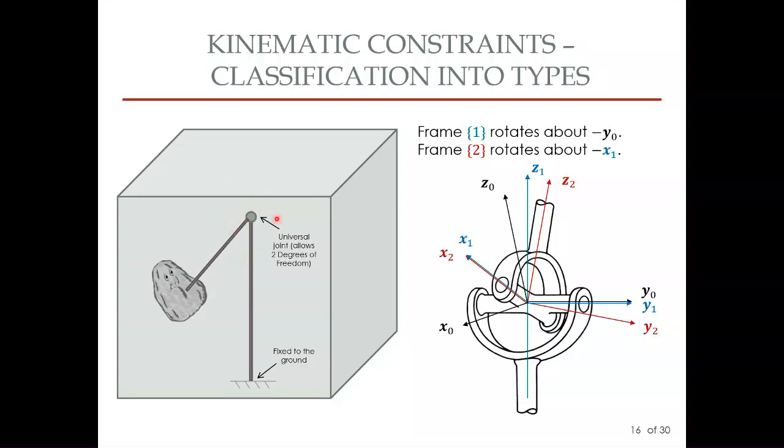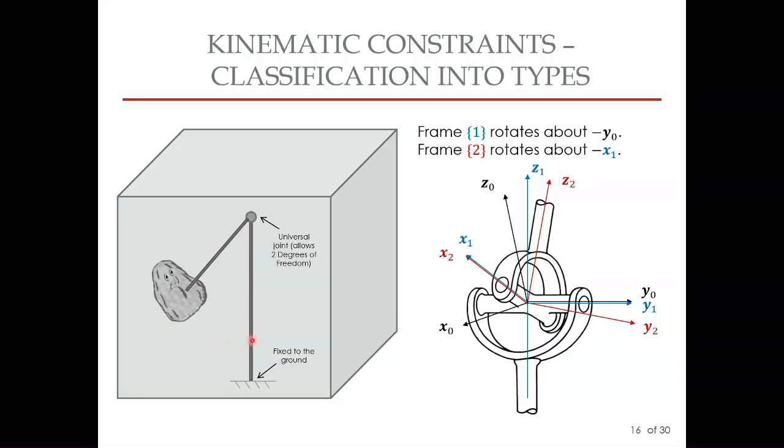So the 4 constraints are 3 linear motion, so x, y, z, all directions are not allowing motion, and 1 rotational constraint because there is no allowed rotation about this Z2. So overall, this joint does not allow 4 types of motion. So you can either go 6 minus 4 or 0 plus 2.